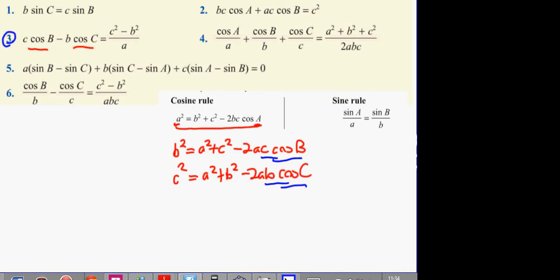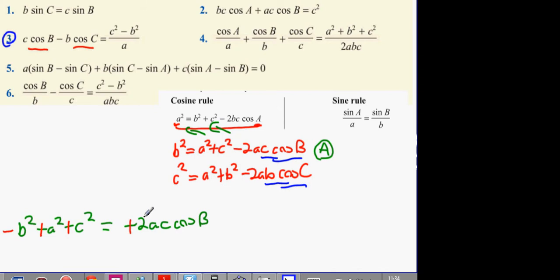So look what I'm doing with these two formulas, okay? First things first, I'm moving everything over to the left in equation A. Equation A will now become B squared minus A squared minus C squared equals minus 2AC cos B. I'm going to multiply both sides by minus 1.